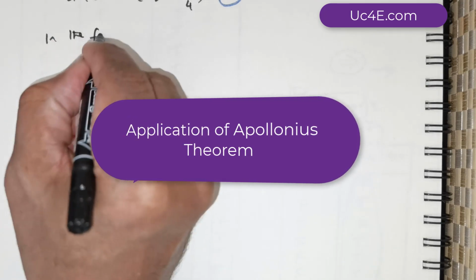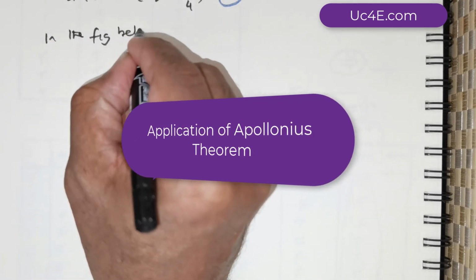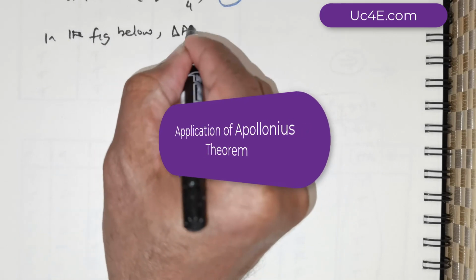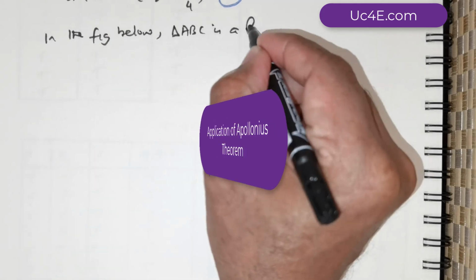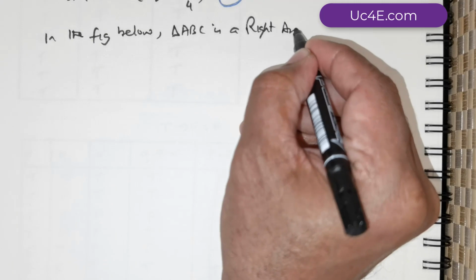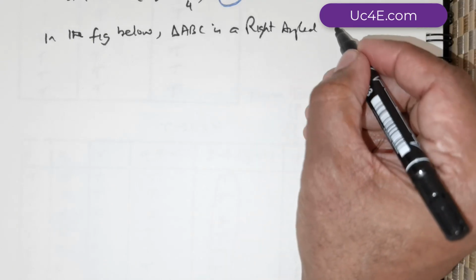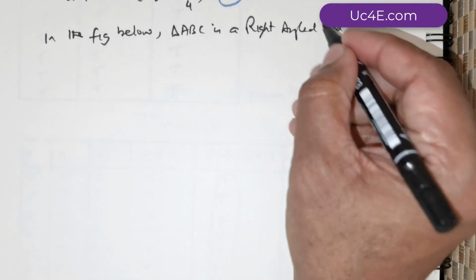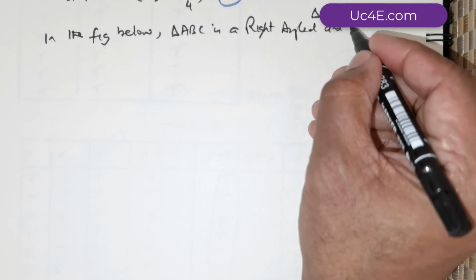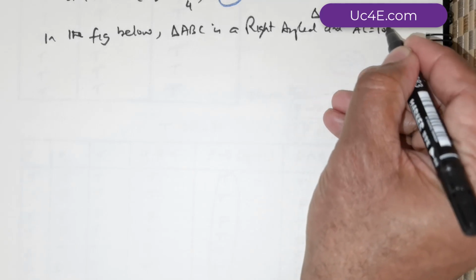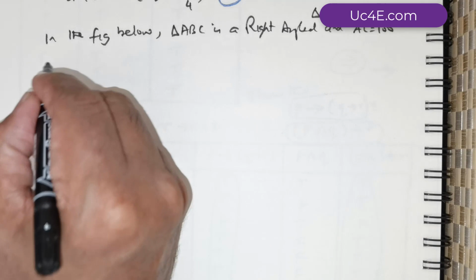In the figure below, triangle ABC is a right angled triangle and AC is equal to 100 units.